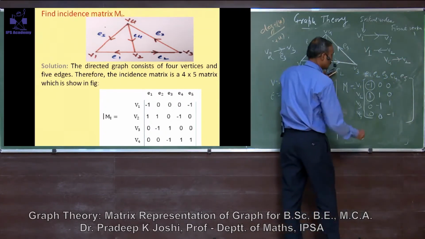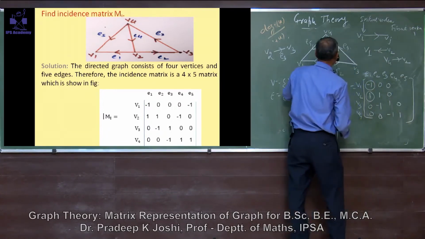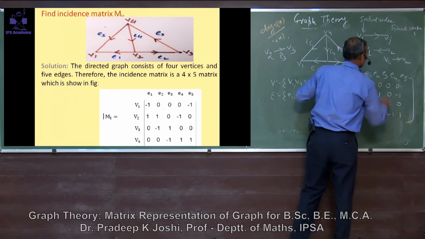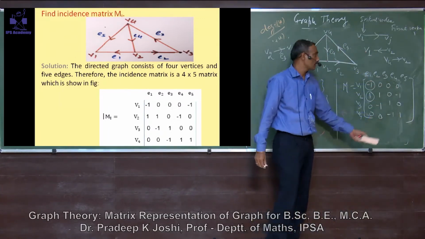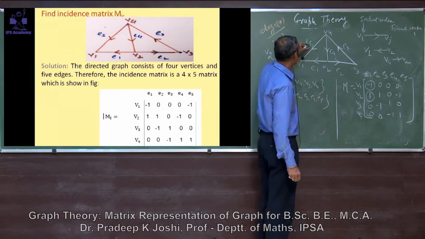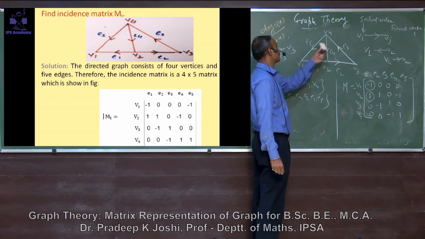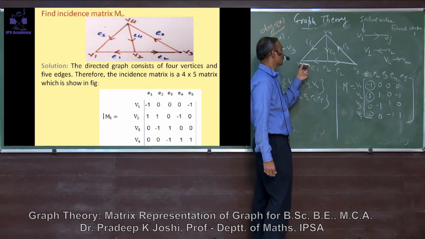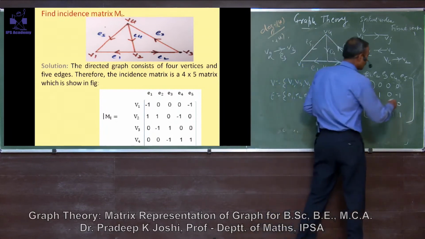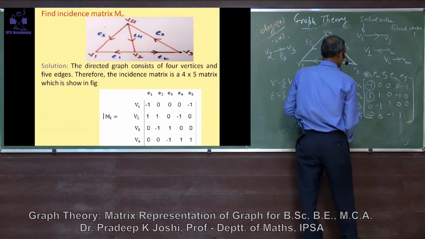So for V4 it will be 1, for V3 it is 0, and for V2 -1, and 0. So this is 0, -1, 0, 1. Now E5 is incident from V2 to V1. That means V2 is the initial vertex and V1 is the final vertex. So we put -1 for V1, 0, 0, and for V2 we put 1.